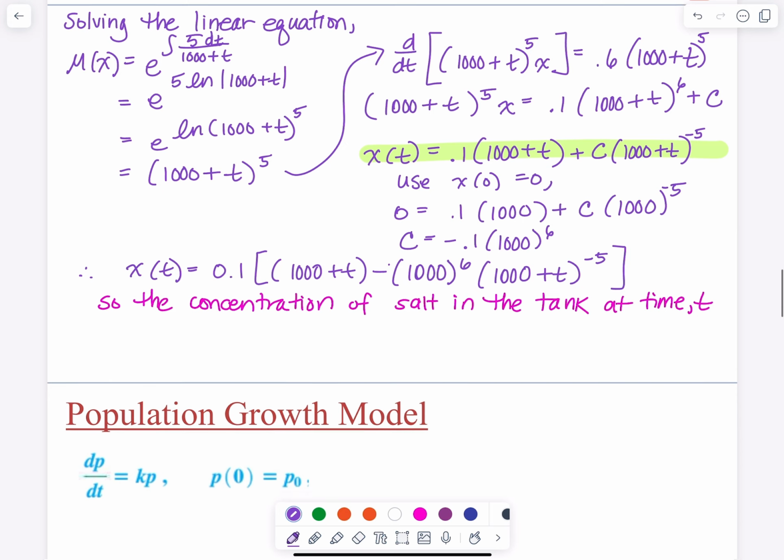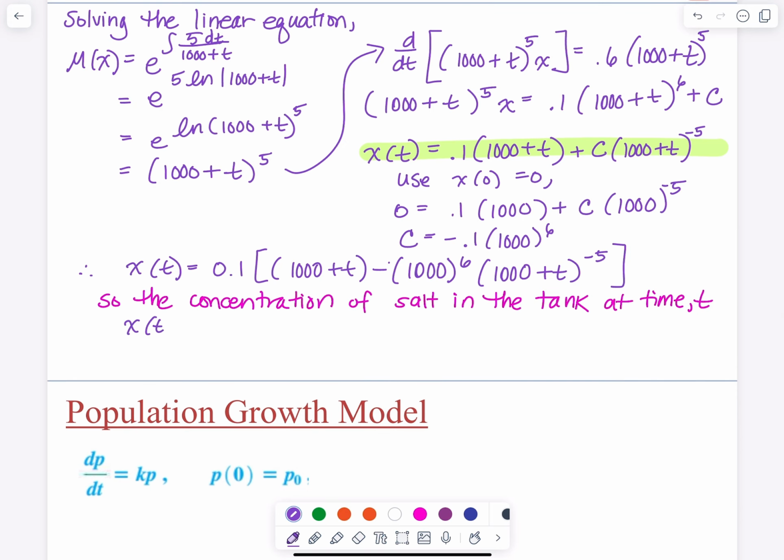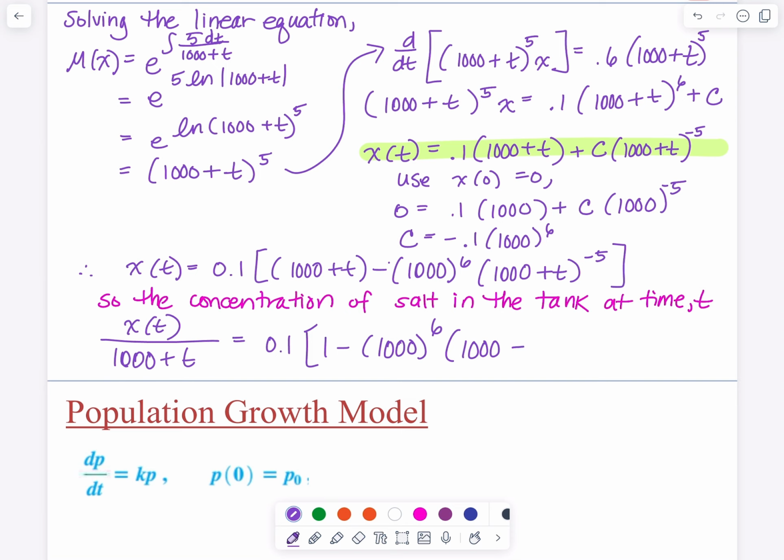We will divide by that 1,000 plus t and come up with 0.1 times 1 minus 1,000 to the 6th power times 1,000 plus t to the negative 6th power, and that's going to be kilograms per liter.